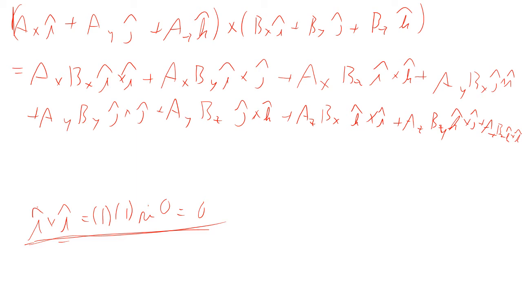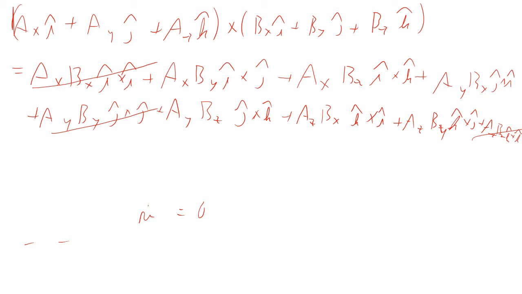For dot products, it's perpendicular vectors that give 0, but for parallel vectors, the cross product is 0. So this term is 0, this term is 0, and this term is 0. Great, we've now simplified some things.